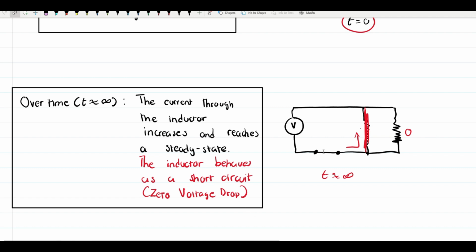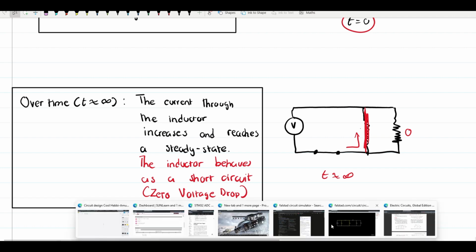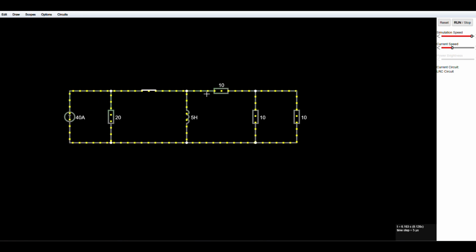So all of the current will be going through the inductor and no current going through the resistors. So I'm just going to show you. You see, there is no current going through those. Well, there is a small current, but over time there will be no current going through those resistors, as you can see. So this is what I've been talking about.